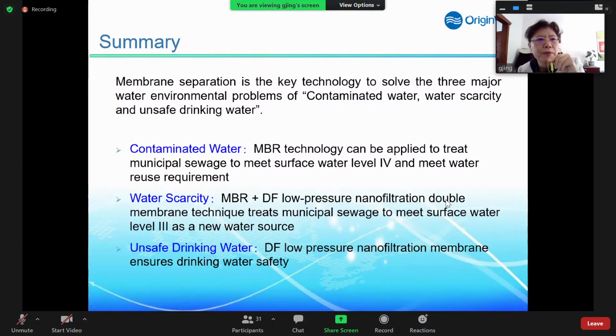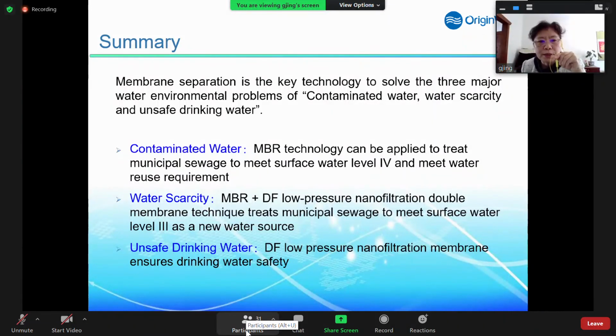So in summary, about the solution for the three major water problems, membrane has done a very good job. It's a key technology to solve those three problems. Again, for contaminated water, MBR technology is a key technology.